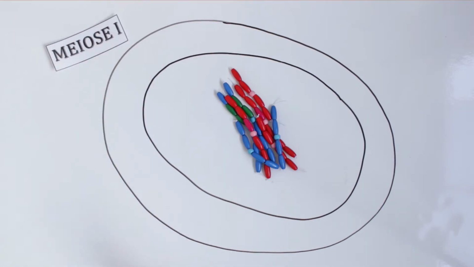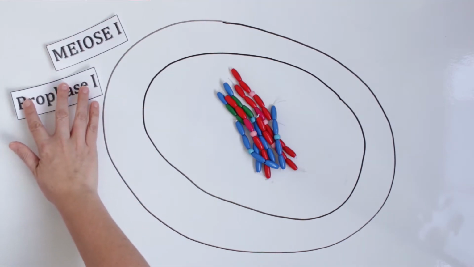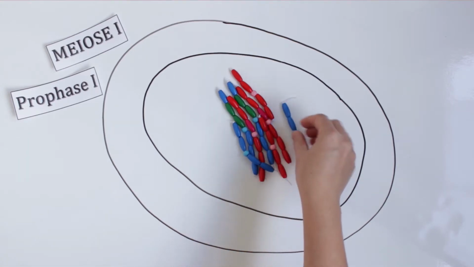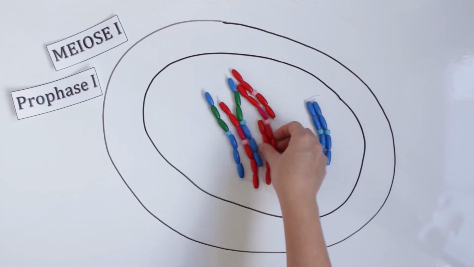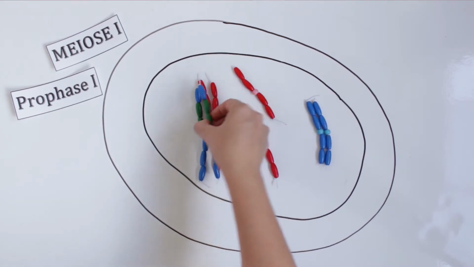And what's the first phase of meiosis 1? It's the same as mitosis, prophase 1. What happens in prophase in mitosis? Condensation, right? So here they are gonna condense in a more organized way. I'm gonna organize my homologous chromosomes together.